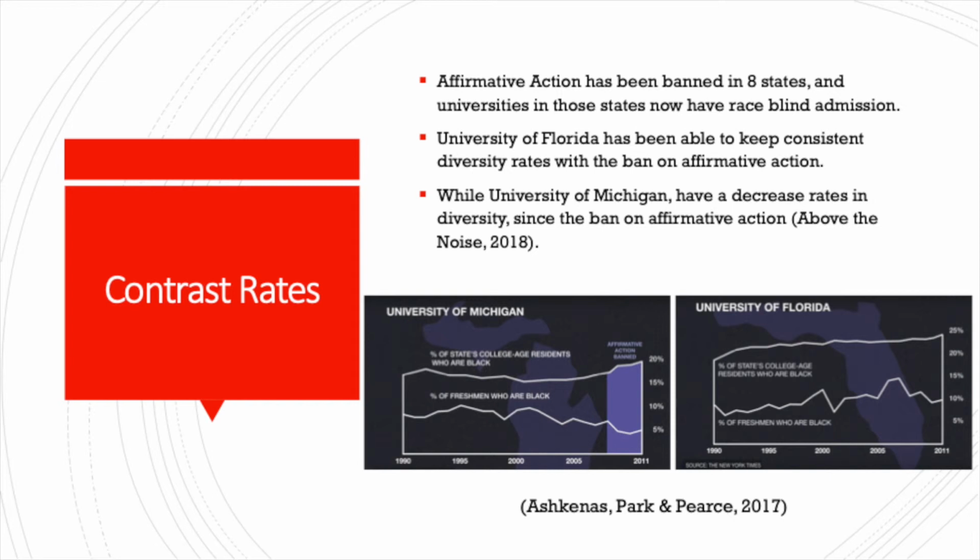But on the other hand, the University of Michigan, who also does the blind race admission, is having a decreased rate in diversity, which is bad because ethnic minorities, less of them are graduating college at the University of Michigan, and less of them are getting accepted to go into college at the University of Michigan, which is what affirmative action was originally put into place for.